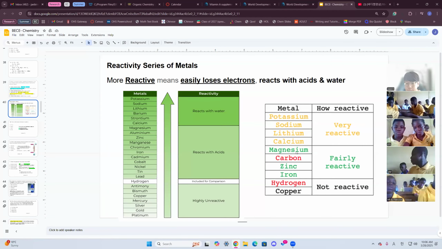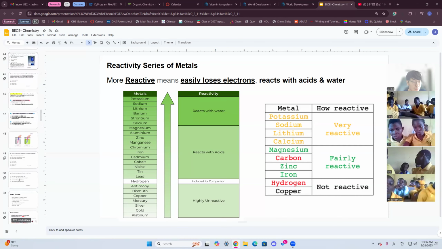So magnesium is higher up than hydrogen, magnesium over here. So magnesium would react with acids, because it's more reactive.